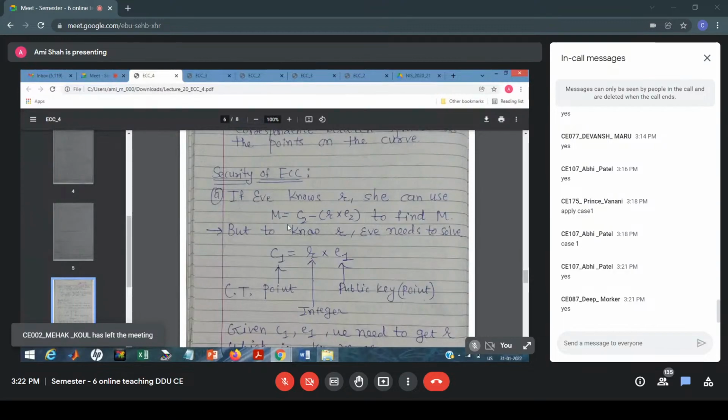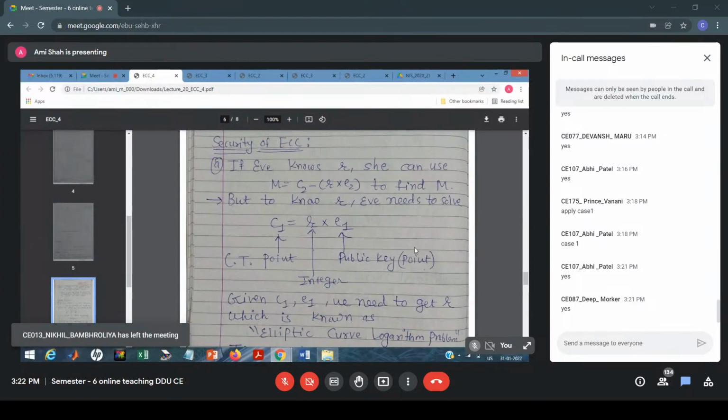But to know R, Eve needs to solve this equation, that is C1 equals R into E1. E1 is public, this is a ciphertext point, and R is some random integer.